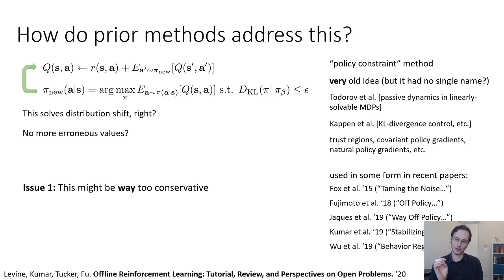Because if you pick a value of epsilon that is too high, then in the places where the behavior policy is highly random, you'll be able to do all sorts of interesting things in its support. But in the places where it's not highly random, you might take a really bad action. Right? So imagine it's close to deterministic when it's crossing a narrow bridge, where with some small probability it falls off. If you admit that amount of error, you might fall off the bridge.